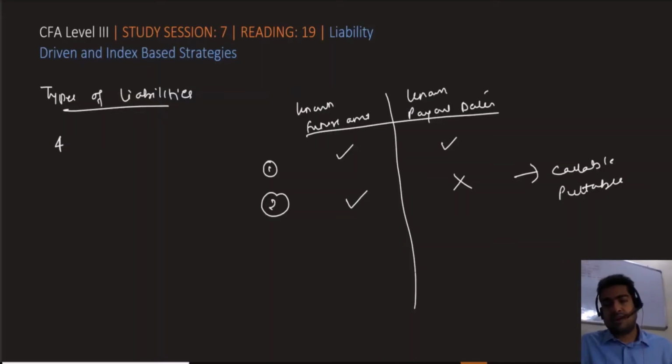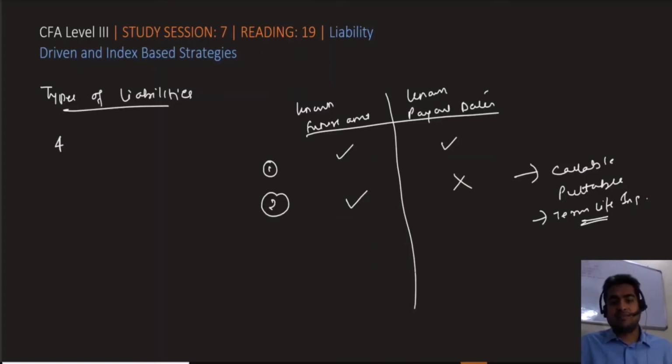Another example here could be a term life insurance. In a term life insurance, the insurance company does not know when the payout would happen. It knows that it has issued a policy for, let's say, a 1 crore term plan for a certain individual, but it does not know whether it would have to pay or not, and if yes, then when, right?